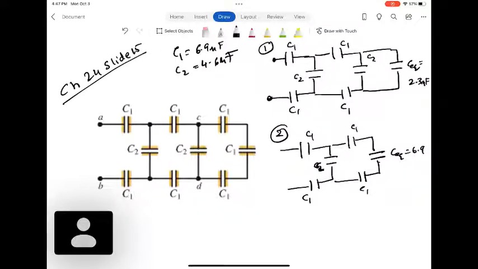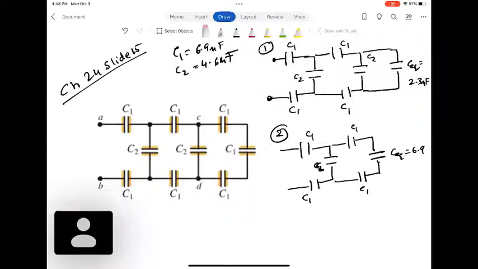All right, now diagram 2 can also be simplified one step further, because the C1 and the C equivalent and the C1 are in series. So we can combine them. So we are going to do 1 over 6.9 plus 1 over 6.9. Oh, they're all 6.9. So 1 over 6.9 plus 1 over 6.9 plus 1 over 6.9 is just going to be again 2.3.